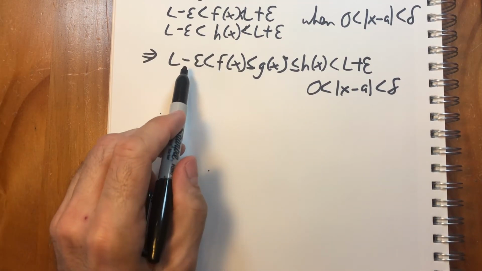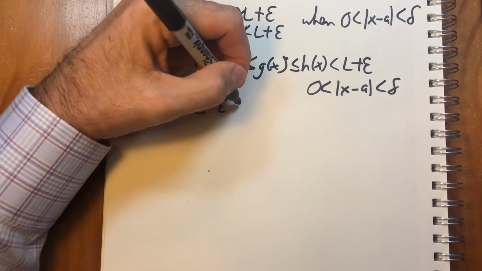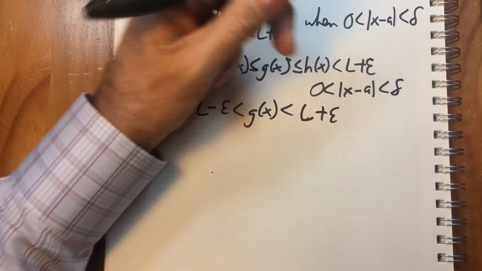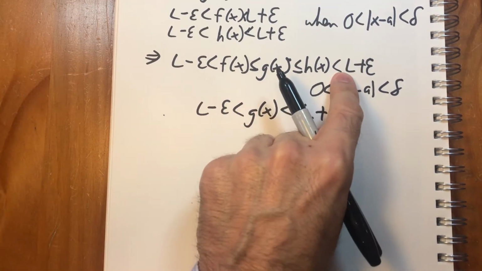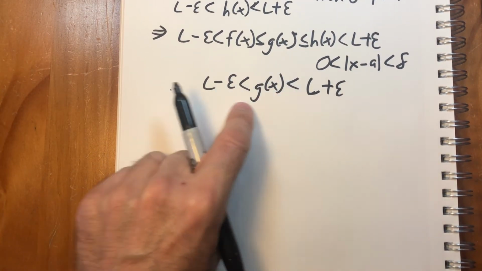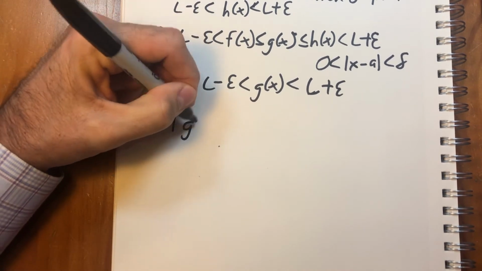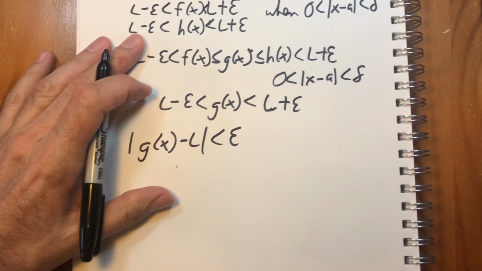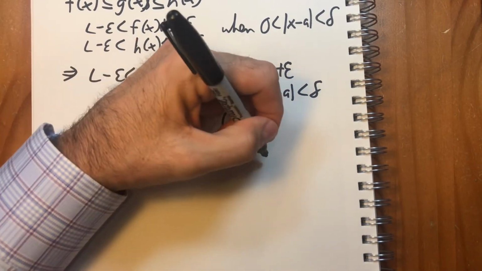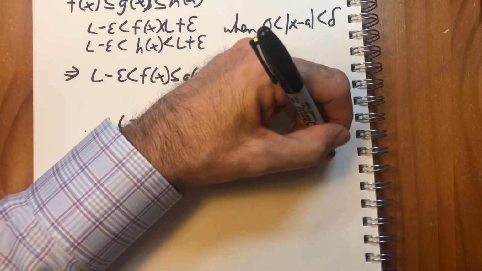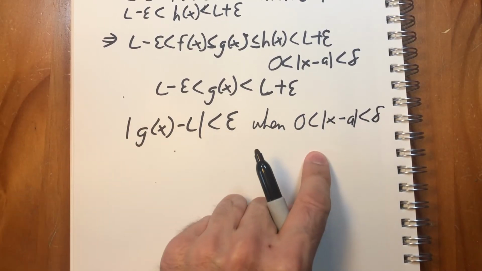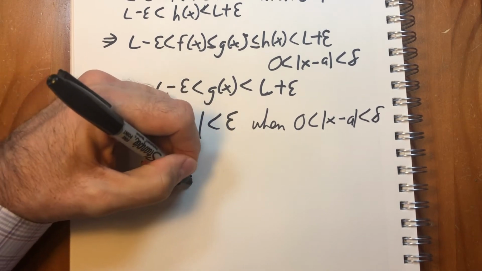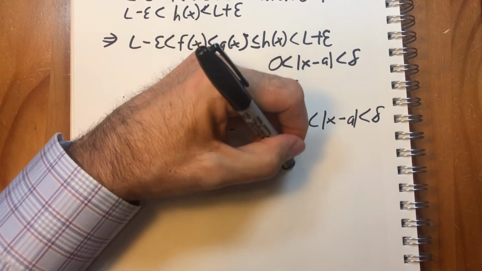So that means that L minus epsilon is less than g of x is less than L plus epsilon, right? Because it's in between. And that means we can rewrite that as |g of x minus L| is less than epsilon when |x minus a| is less than delta. And if that's true, that's the definition of the limit. So therefore, the limit as x approaches a of g of x also has to equal L, QED.